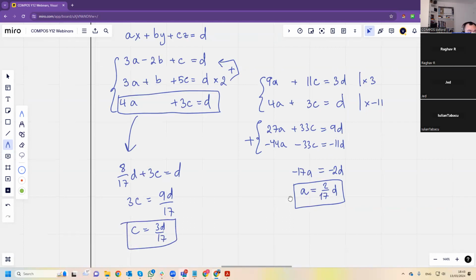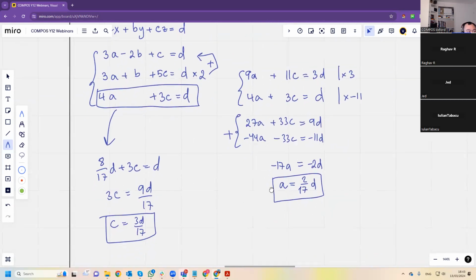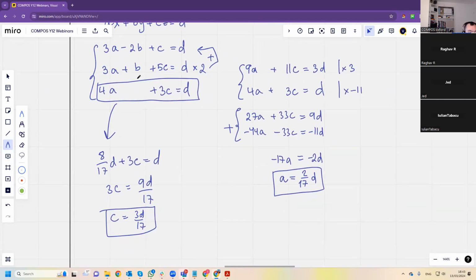Okay, and now we can find b. We can use the second equation to find b. So 3a plus b plus 5c equals d. So 3a, which is 6d on 17, plus b plus 5c, that's 25d on 17, equals d.